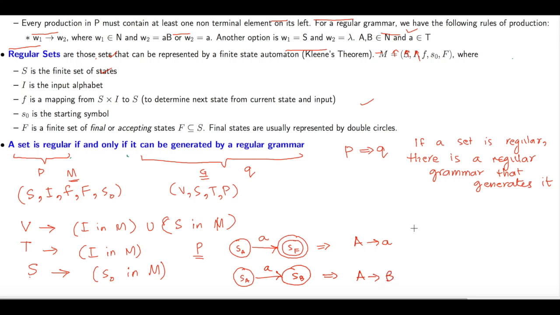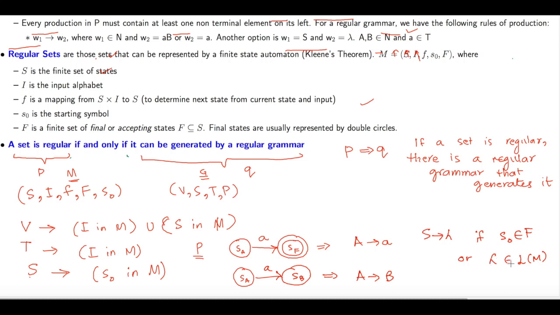Now, we will also include this if my starting state is an element of the final states, which is the same as saying that the language generated by the machine has the empty string.